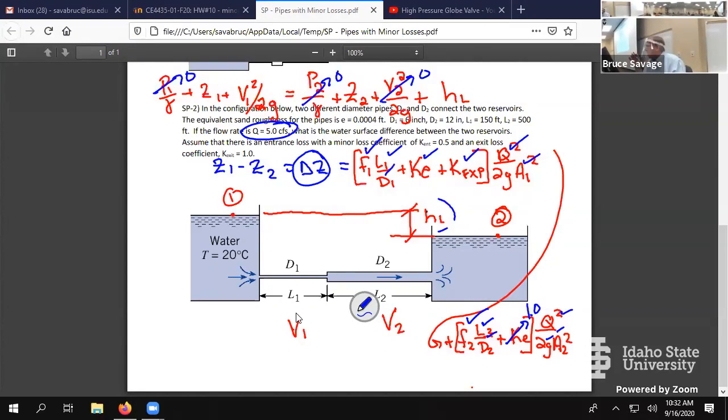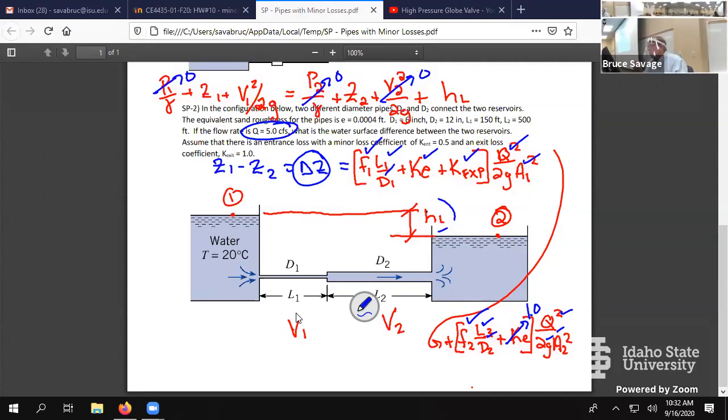Okay. So the concept here is making sure that you associate the right velocity with the correct minor loss and the correct pipe diameter. So we still only have a single conduit, but we have multiple diameters. So we have to ascribe the friction loss to each one of those and the minor loss to the correct velocity.